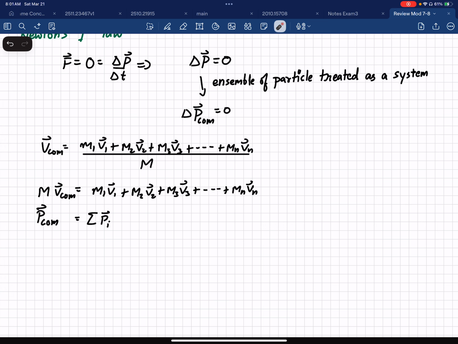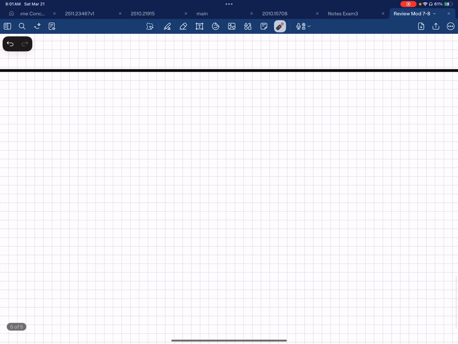Now this basically encapsulates your entire chapter 7. Let me just make a table. Your chapter 7 basically has three main concepts.